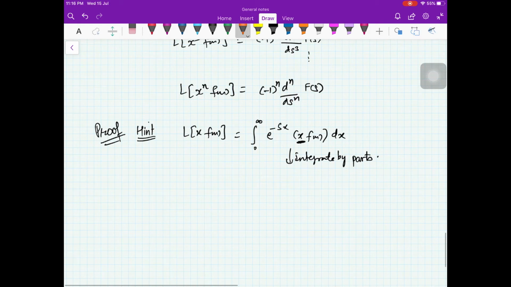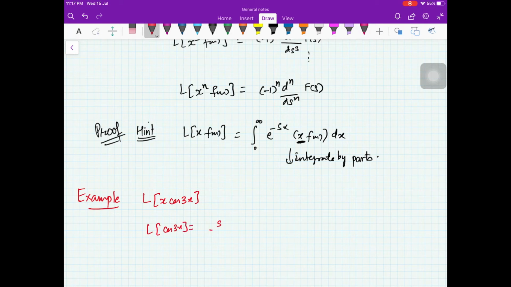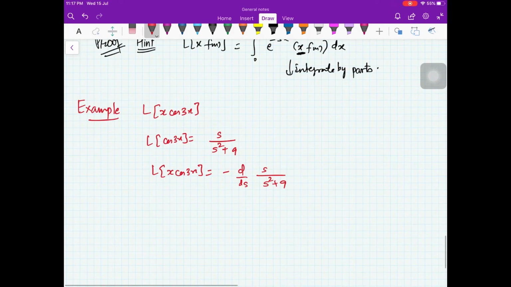For example, suppose I want to find L of x cos 3x. I know L of cos 3x is s upon s square plus 9. So if I multiply with x, what I'll get is minus d by ds of s upon s square plus 9. Now you can just differentiate, that will be the quotient rule.